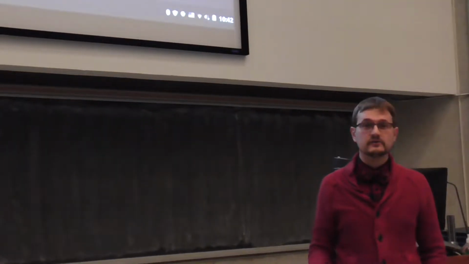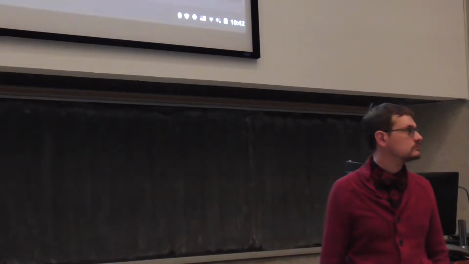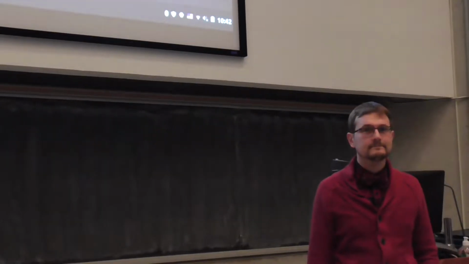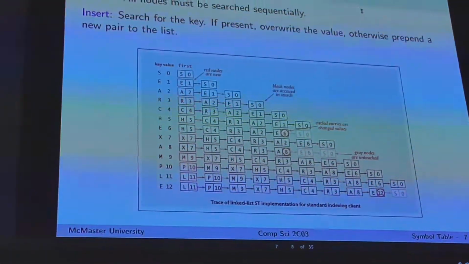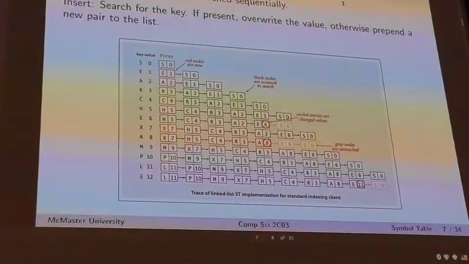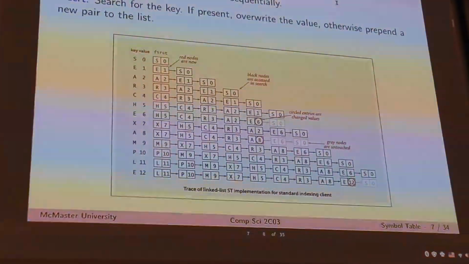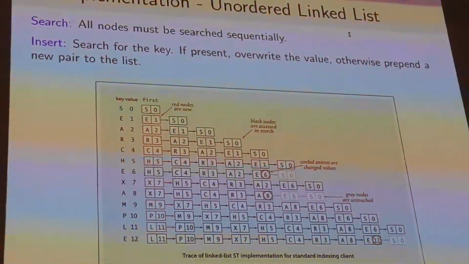Constant, yes. Inserting into an unordered symbol table represented by a singly linked list is a constant operation. This comes at the cost of search being a linear complexity operation. Good.